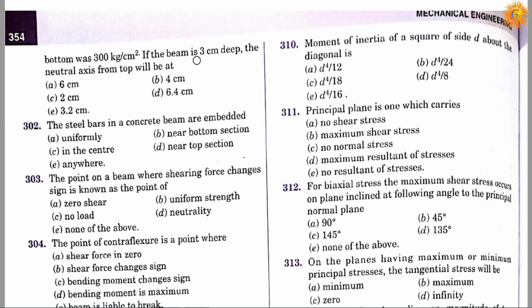If the beam is 3 centimeter deep, the neutral axis from top will be at: option A is 6 centimeter, option B is 4 centimeter, option C is 2 centimeter, option D is 6.4 centimeter, and option E is 3.2 centimeter. So the correct answer is D, it will be 6.4 centimeter.